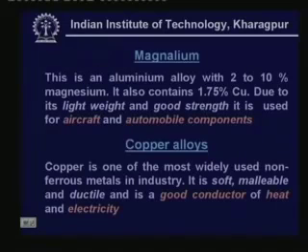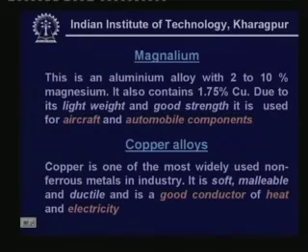It is soft, malleable and ductile, and is a good conductor of heat and electricity. So whenever you have any machine element designed for electrical and heat applications, you will find copper alloys present there.